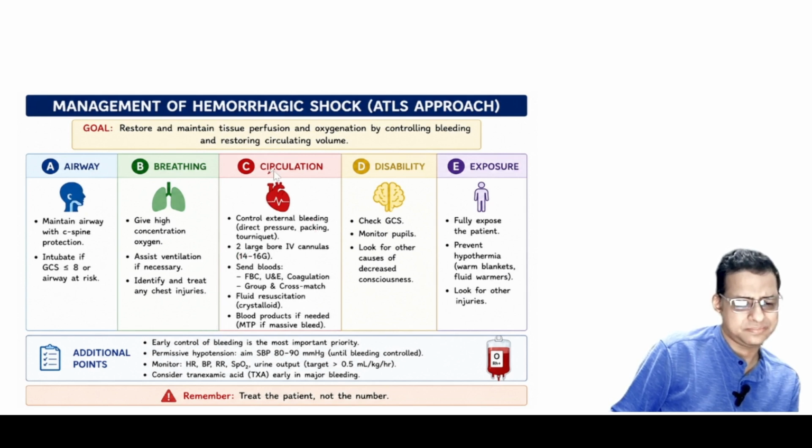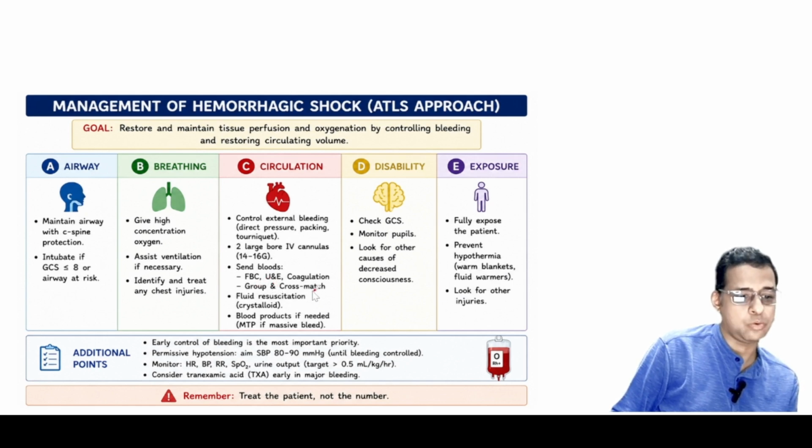And circulation, you have to control external bleeding, direct pressure, packing, tourniquet you have to place, and two large bore IV cannulas, 14 to 16G you have to pick up, and you have to send the blood for FBC, full blood count, or they may also give you CBC, complete blood count, you should not be confused.